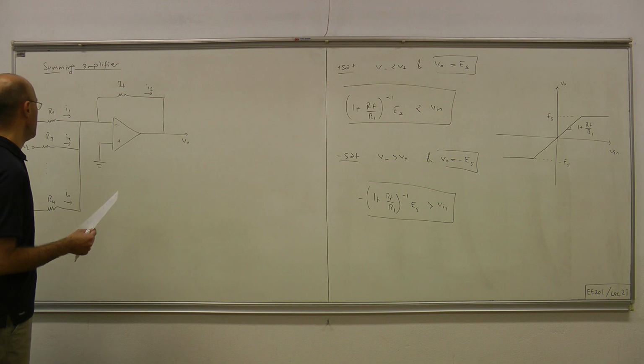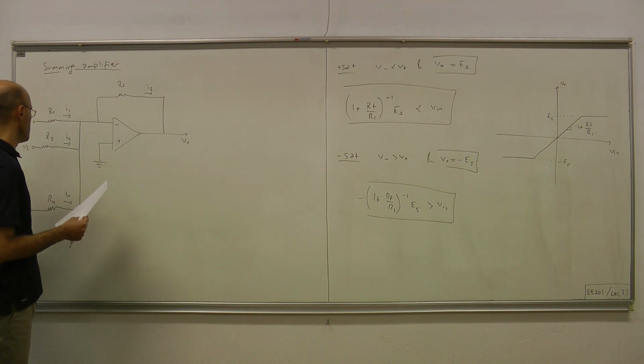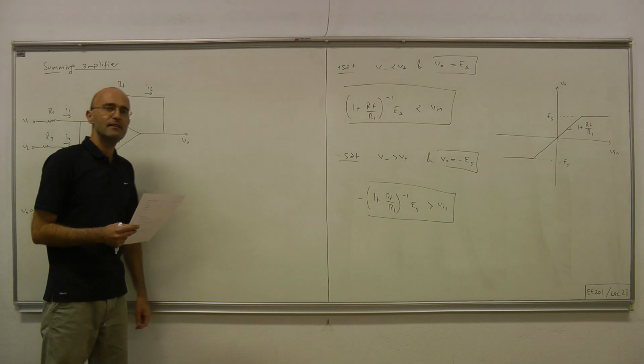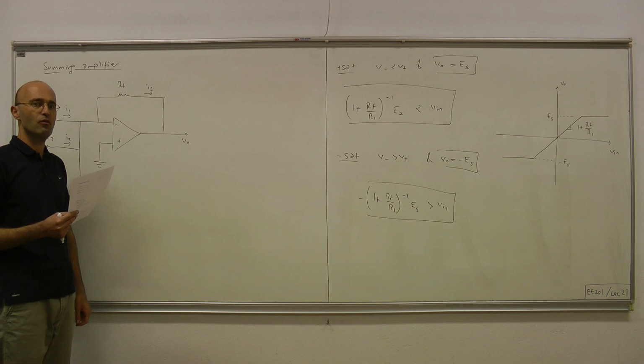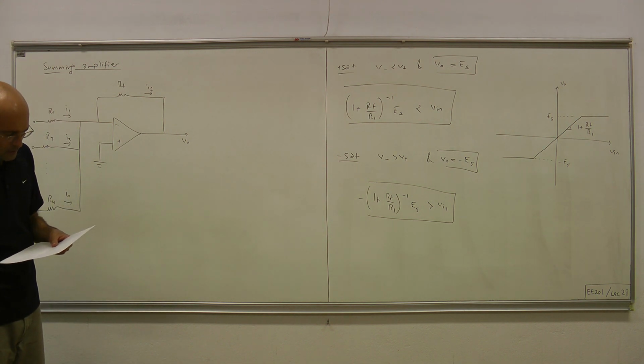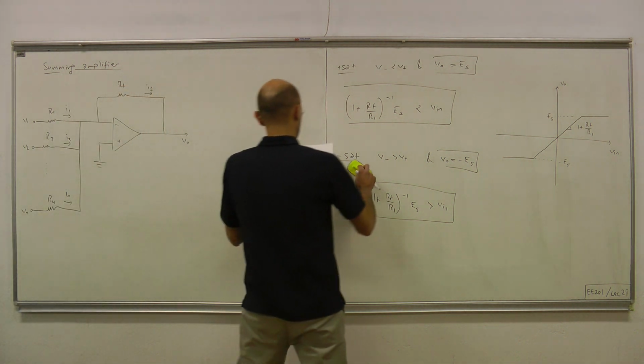So let's do the analysis and try to express the output voltage in terms of the input voltages. We're going to do only the linear region analysis because this circuitry is designed to work in the linear region.